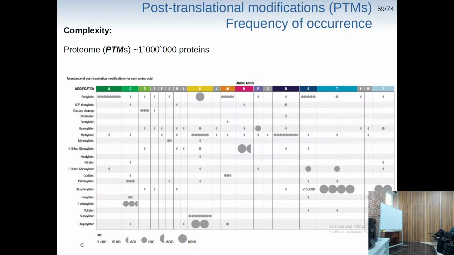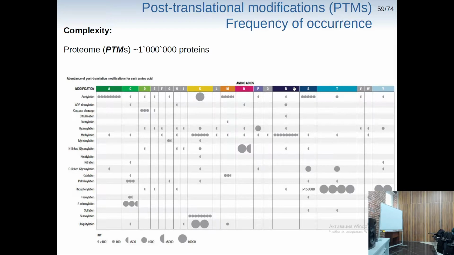As you can see, there are some modifications which are quite frequent and some modifications which are rare to non-existent. Why we need this table: if we are trying to work with some protein, and we know that this protein contains some of these amino acids, we can have some guess about the possibility of post-translational modification.